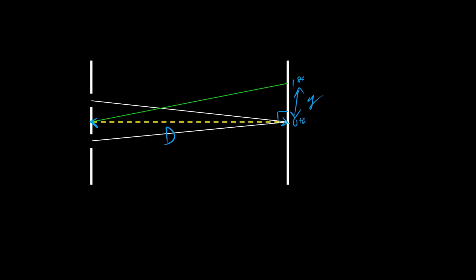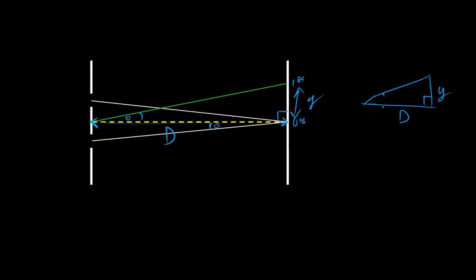Now, if we take a look at this triangle right here, we'll realize it's a right angle triangle. I can take it out. Where D is right here, this is Y, and we have an angle right here, theta, which would be equal to the angle right here because these are Z angles or alternate angles, right?